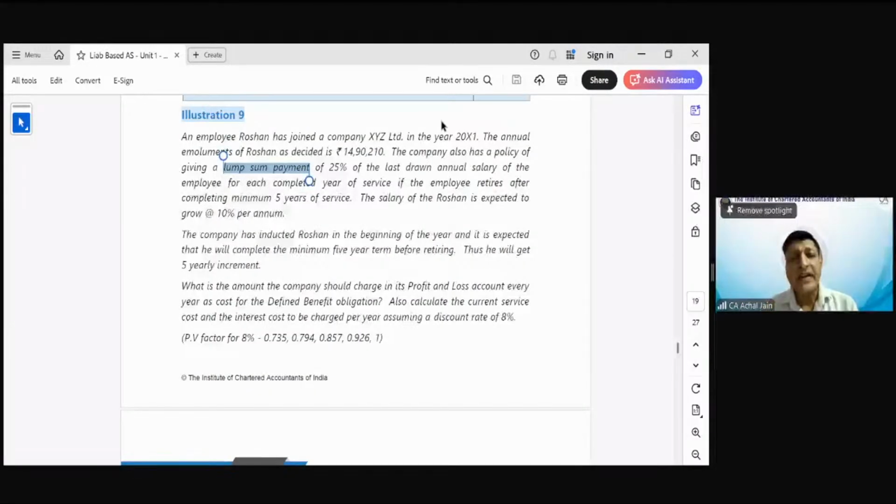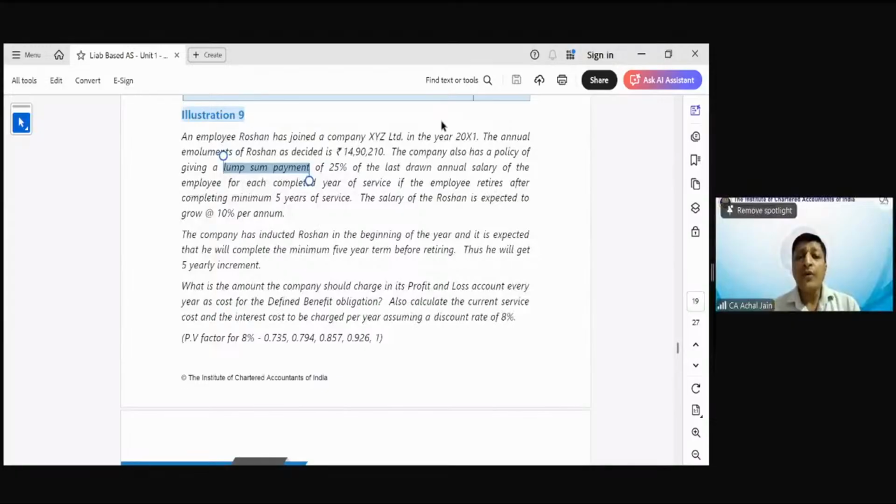And it is expected that he will complete the minimum 5-year term before retiring. Therefore it is expected that he will get increment for 5 years. Of course, he will get this lump sum payment, but he will also be getting an increment each year, right?